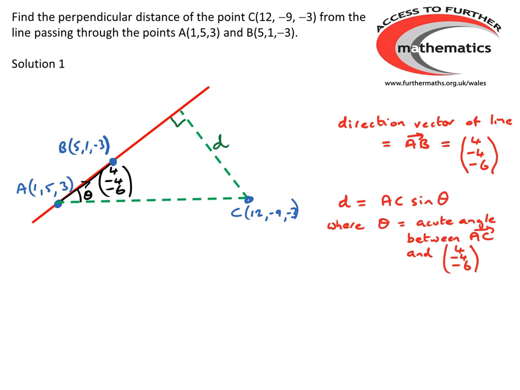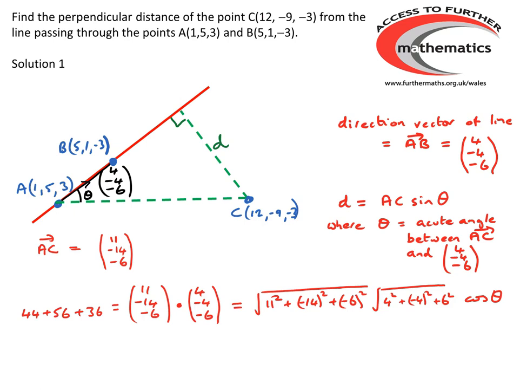So we've got a little bit of scalar product work to do first of all. We've got A to C is the vector (11, -14, -6). So we've got the scalar product of (11, -14, -6) together with the direction vector (4, -4, -6).